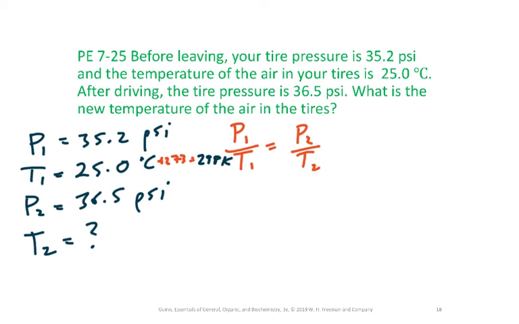Okay, we're solving for T2, right? So this is actually going to take a couple steps because T2 is currently on the bottom of this ratio. So we want T2 to be on top. So we can multiply both sides by T2.